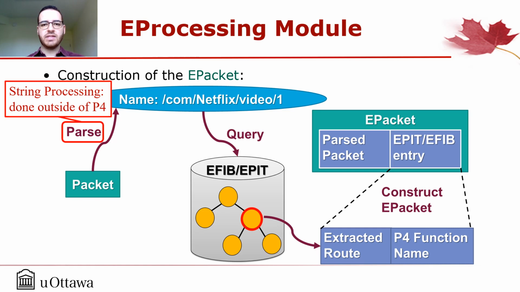The content name is then used in the forwarding pipeline to query the EFIB and EPIT tables and retrieve the extracted routes containing the possible next hops to use. These extracted routes, alongside the P4 function name to execute, are part of the E packet that also contains the parsed NDN packets. This E packet is then passed to the forwarding logic module for processing by a P4 function.